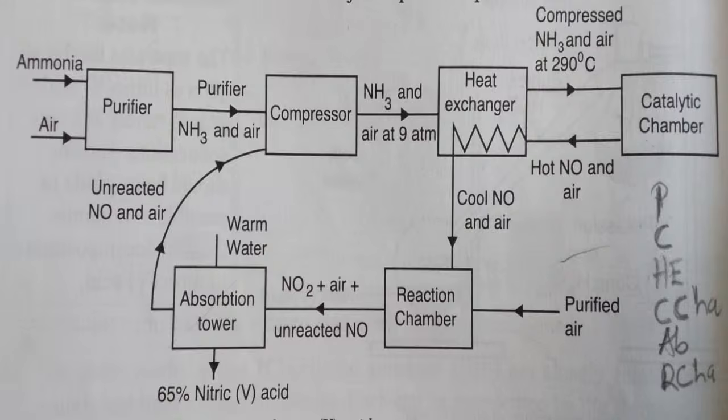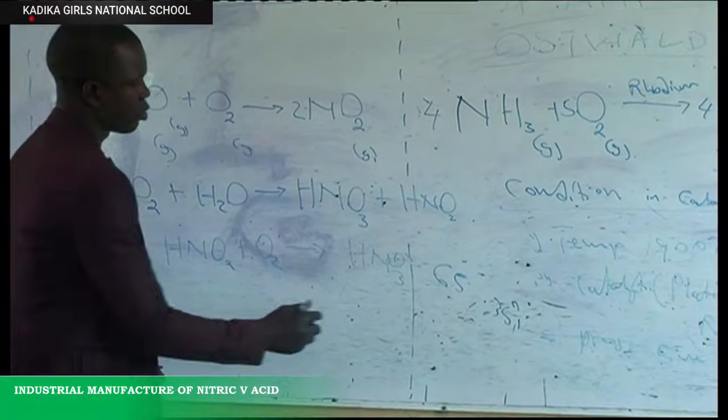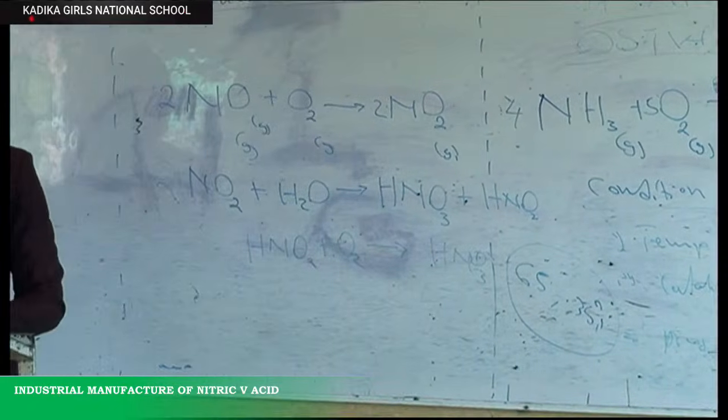It is about 65% pure acid and the remaining 35% water at this time. But to make it about 99% pure, we remove this water by passing it through concentrated sulfuric 6 acid, which will help us to dehydrate it and remove the traces of water.